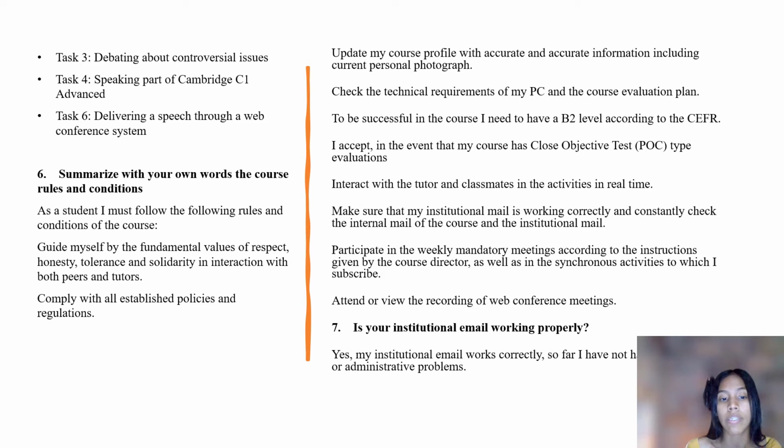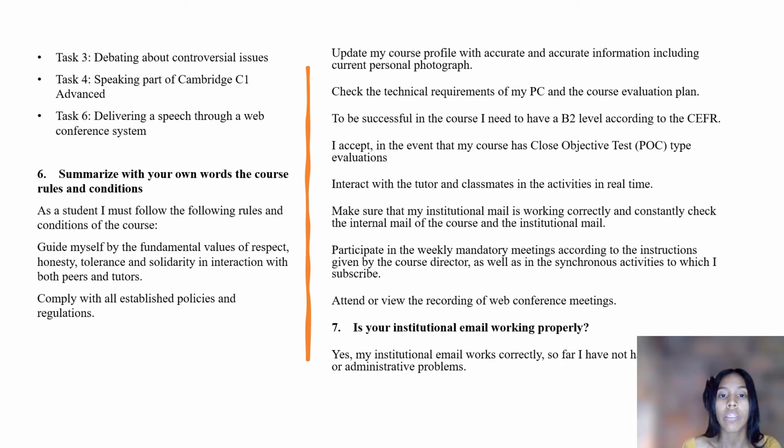Comply with our established policies and regulations. Update my course profile with accurate information, including current personal photograph. Check the technical requirements of my PC and the course evaluation plan.